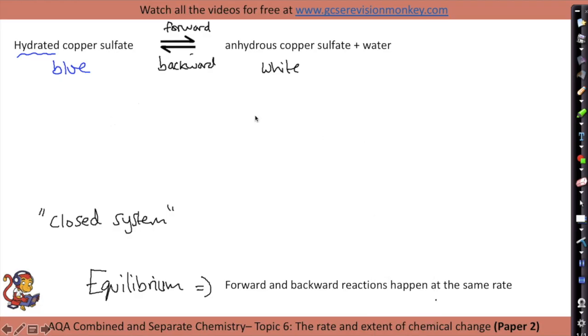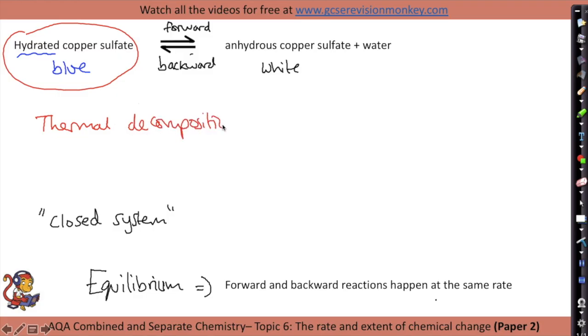This reaction here in the forward direction is an example of thermal decomposition. You can identify thermal decomposition reactions sometimes because there's nothing else reacting on this side. This itself is just breaking down or decomposing under heat.